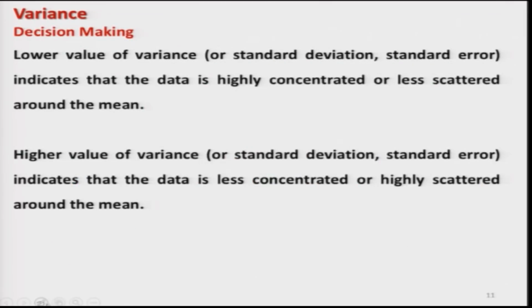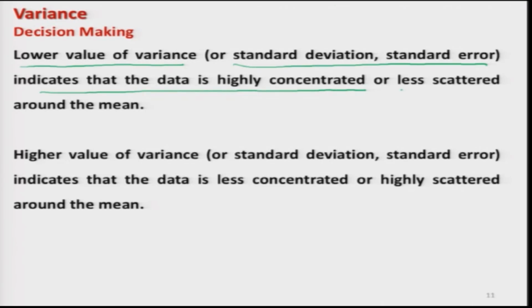So, obviously, when we want to make a decision on the basis of a given value of variance, a lower value of variance, or equivalently of standard error or standard deviation, indicates that the data is highly concentrated or less scattered around the arithmetic mean.